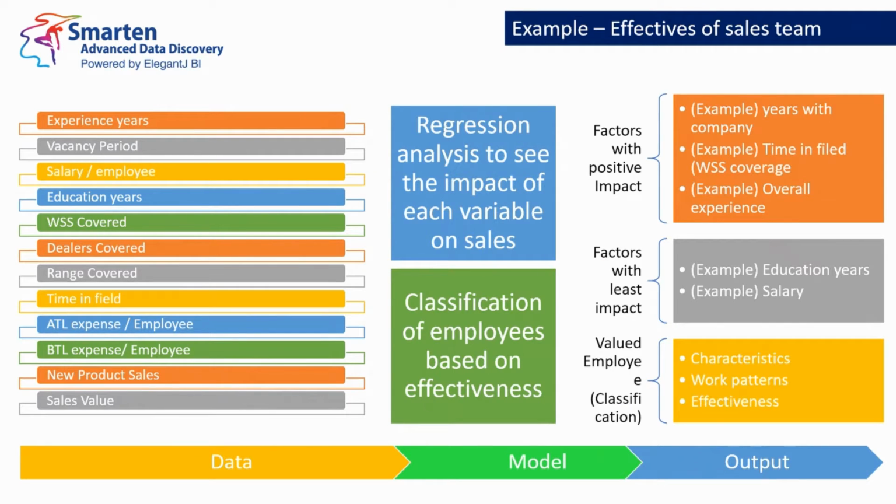So here's how a model would look. Say we have to look at a position, and then based on that there are different parameters which come from either the transaction system or the HR system, and you run a regression analysis on it as well as classification, and it gives the factors which have a positive impact, factors which have the least impact, and you can get a classification based on characteristic work patterns and effectiveness to find more valued employees in the organization.